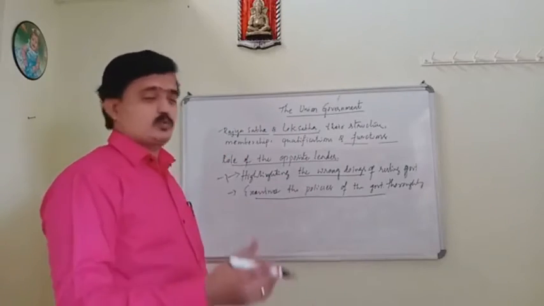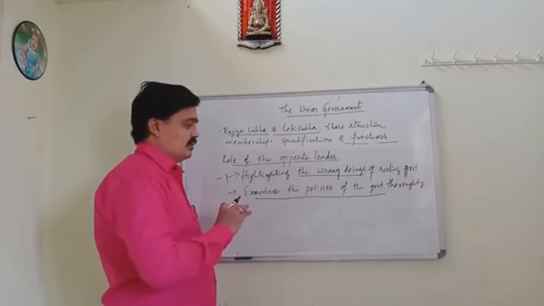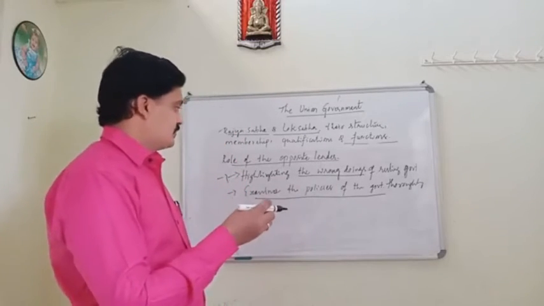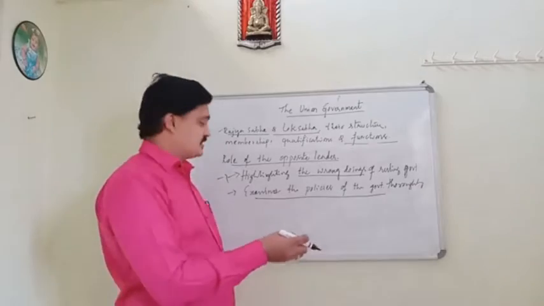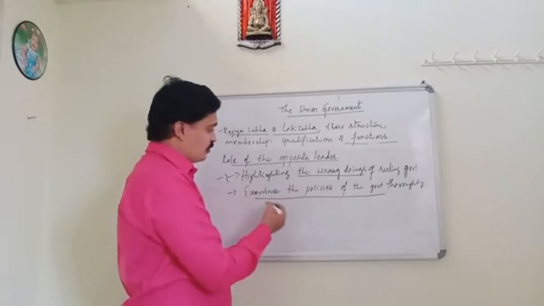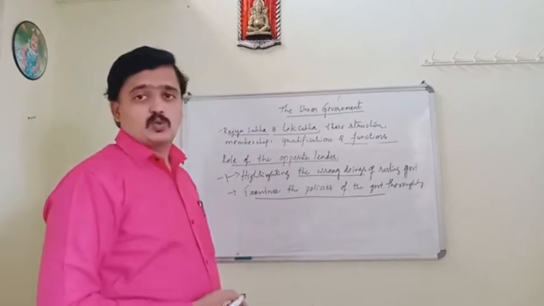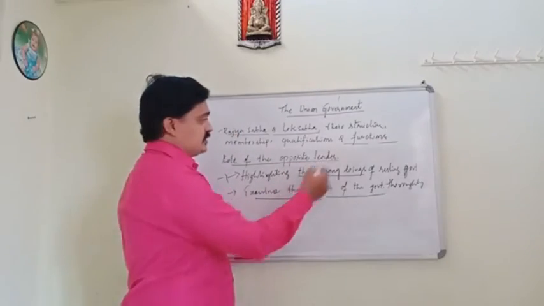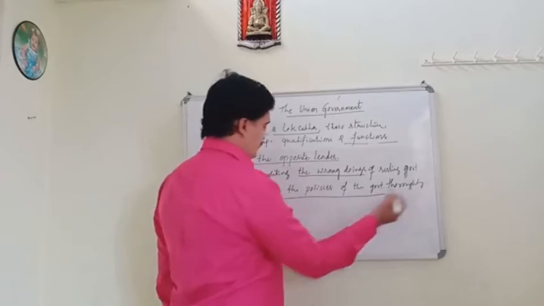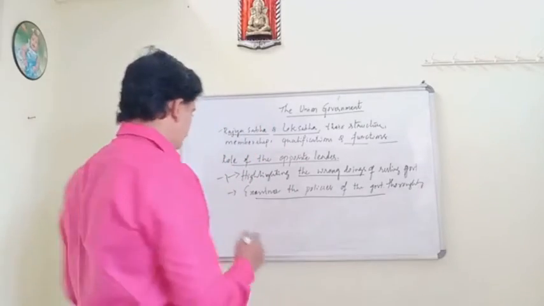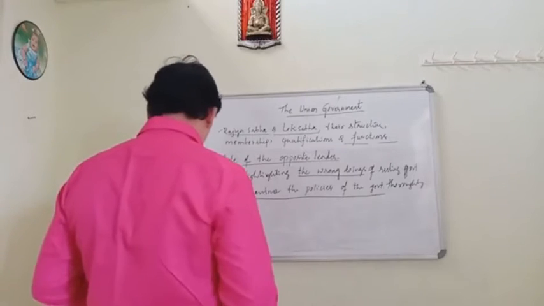What are the policies established or brought into existence here? These policies are examined thoroughly by the opposition leader. See, they examine the policies of the government thoroughly. The third one is here.